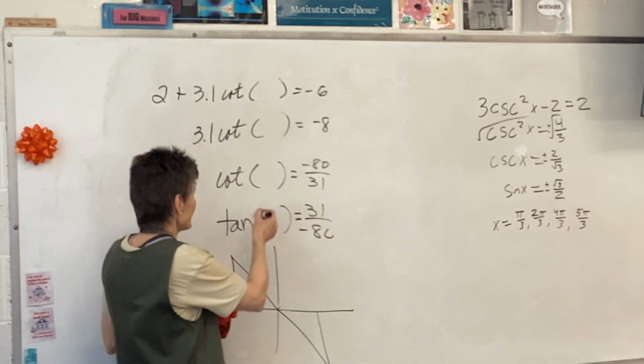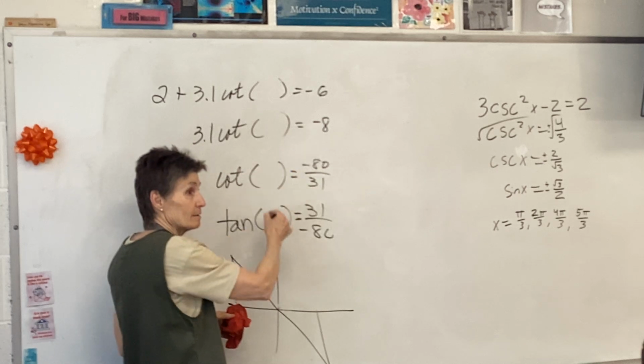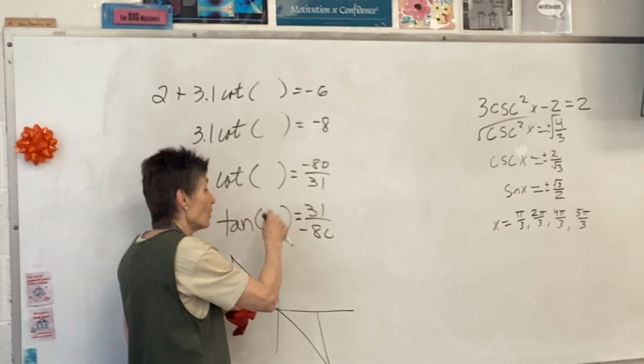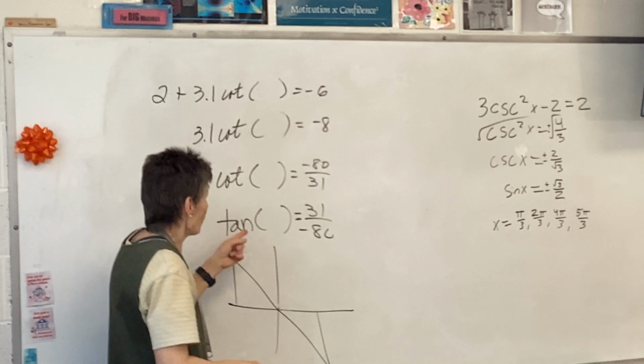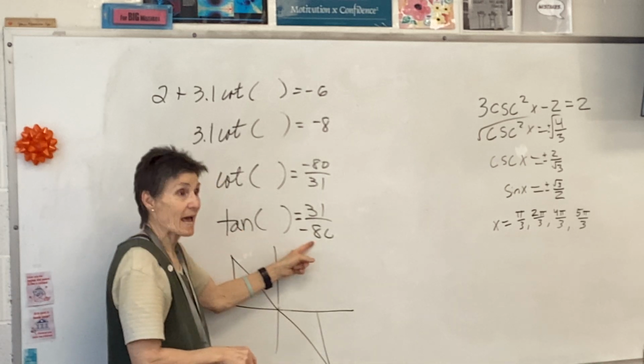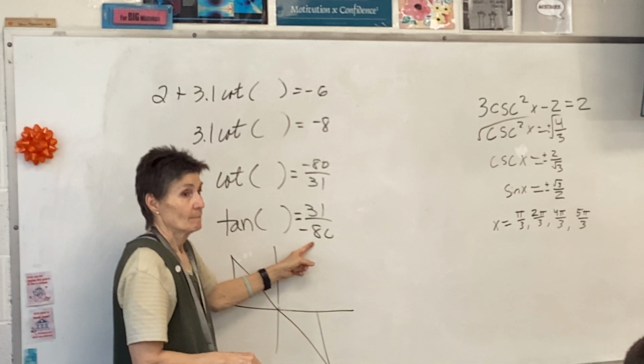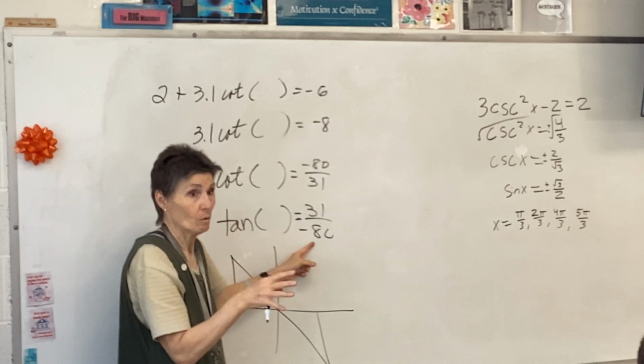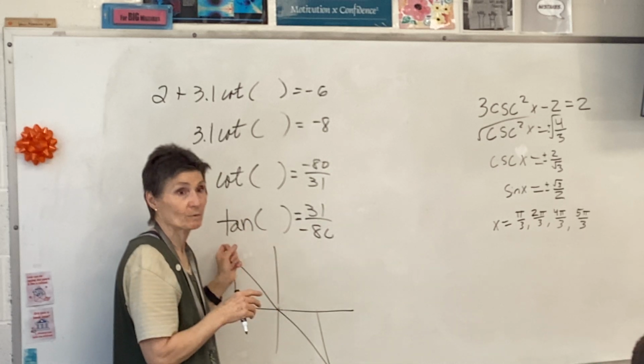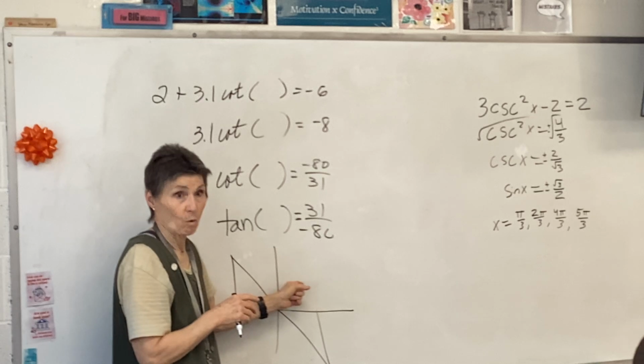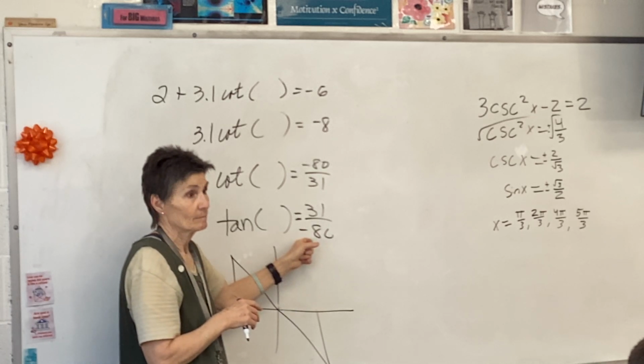Now, I am not even worried about what this is yet. I worry about that last. Right now what I'm worried about is, what angle has that tangent? Well, I don't know, but I know whatever it is, it's in quadrants 2 and 4 because it's negative.